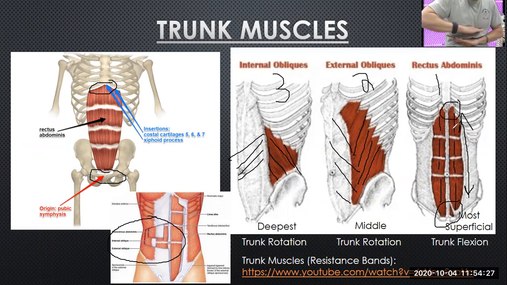You were to bring those closer together, that would be trunk flexion. That's a crunch. We all know if you want that six-pack, that's going to be a crunch or trunk flexion. So try that out a few times. Just kind of bend forward, lean forward, and you'll feel that rectus abdominis muscle contract.